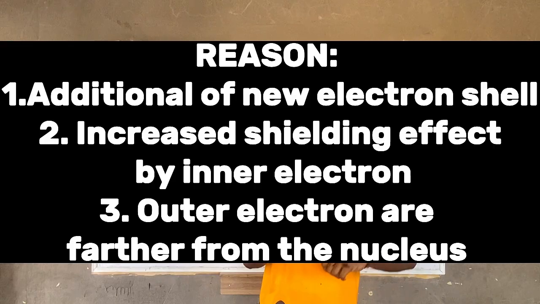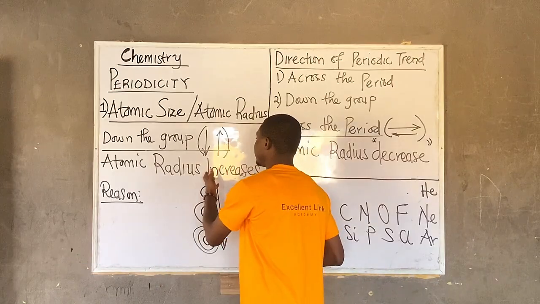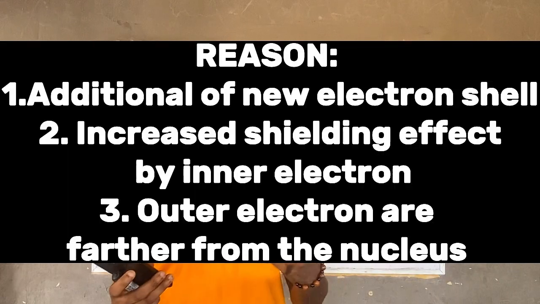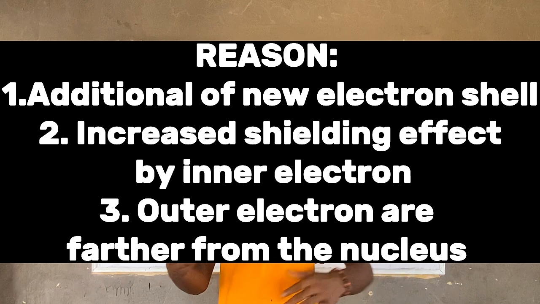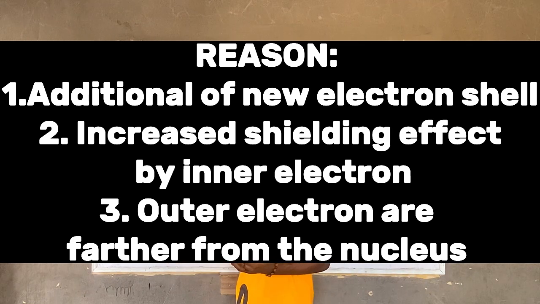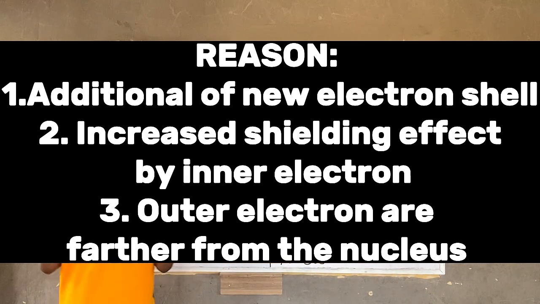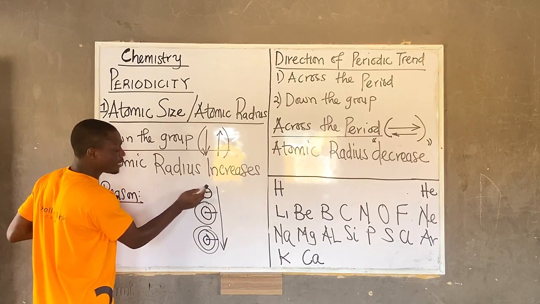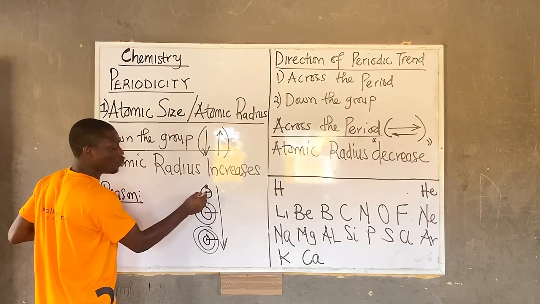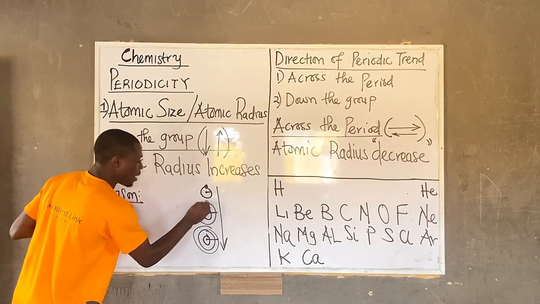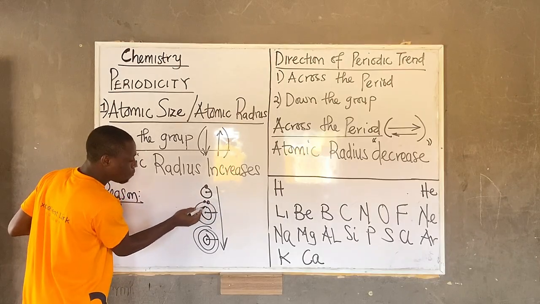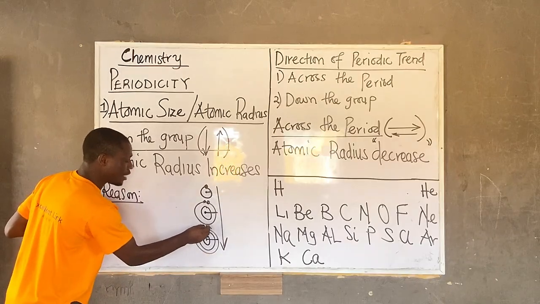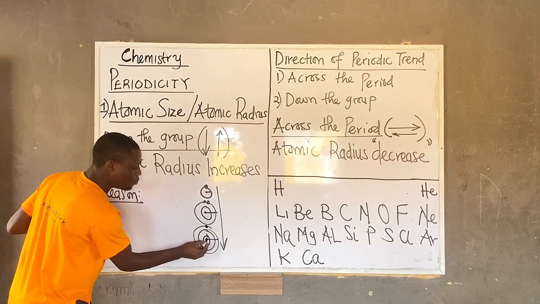Number three, the third reason why we said atomic radius increases down the group is because the outermost electrons are farther from the nucleus. If I put my electron here, this electron is closer to the nucleus. If I draw my outermost electron here, it is now far from this nucleus. So the more I go down the group, the farther the outermost electron gets from the nucleus. This one is now twice as far from the nucleus.